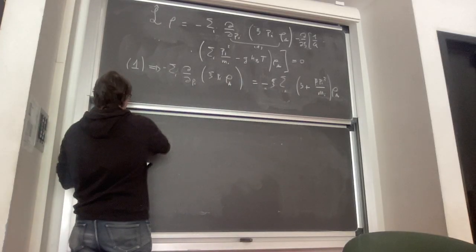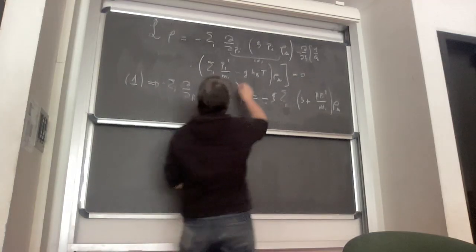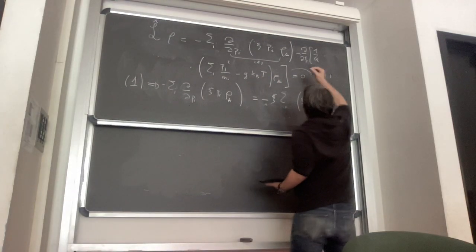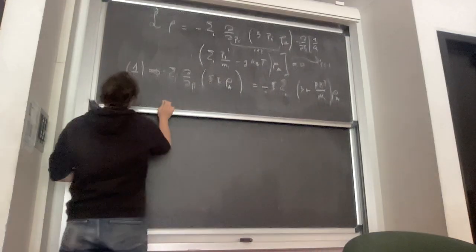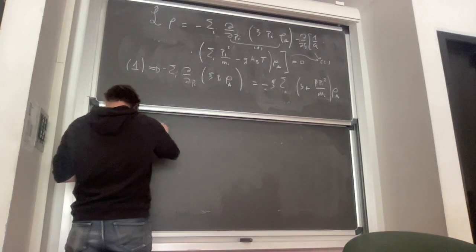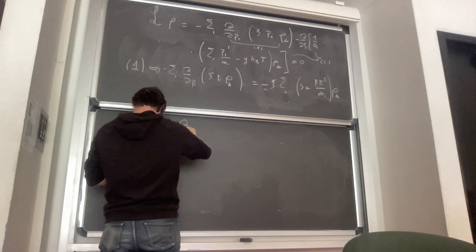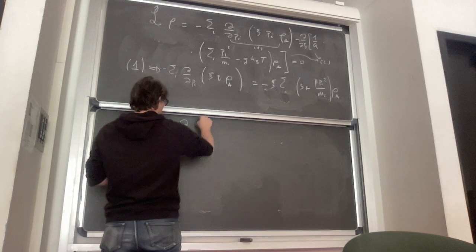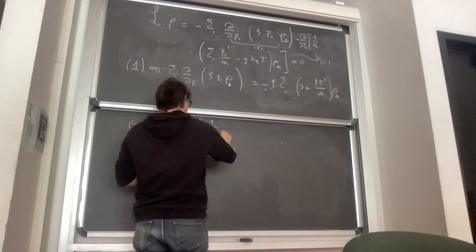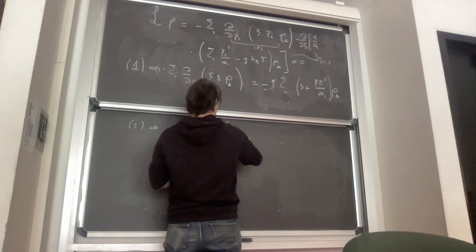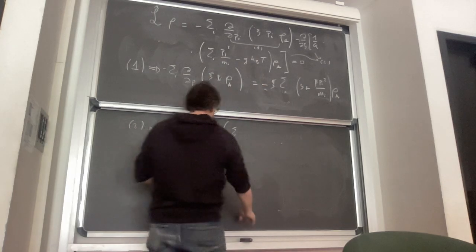Well, the second term, 2, here, yields negative d by d psi, 1 over q, sum. Well, that's that.